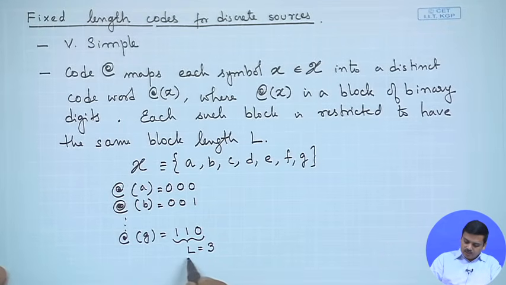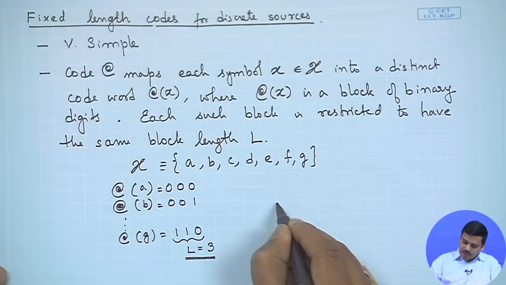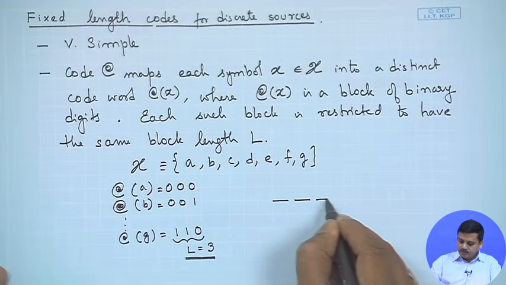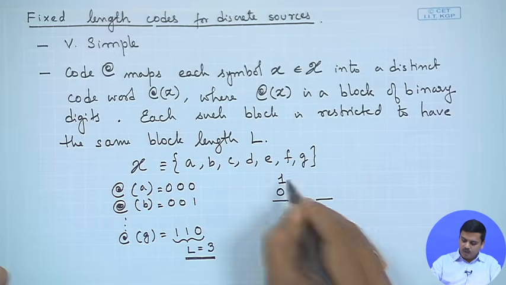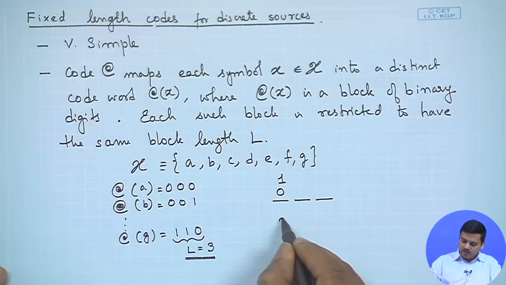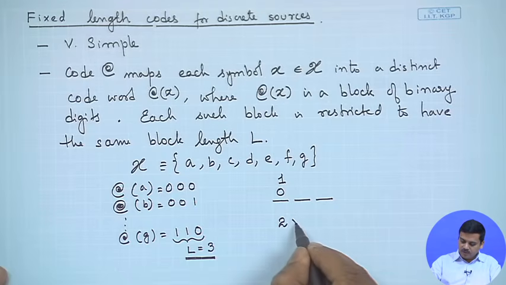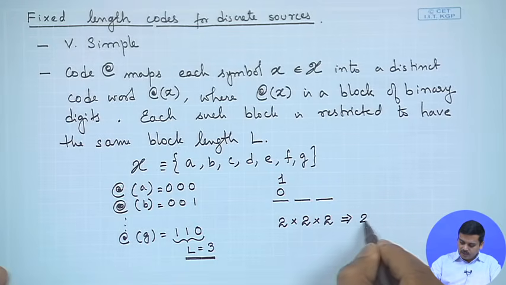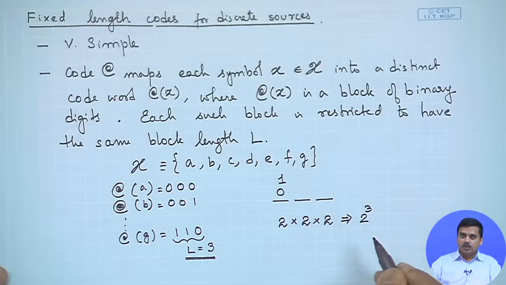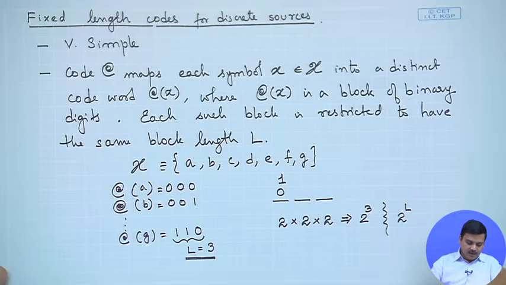Suppose we fix this length, it is almost obvious that I have 3 positions to fill, and each position takes a value of 0 or 1. So there are 2 possible options for the first position, 2 for the second, and 2 for the third, which implies there are 2 to the power of 3 possible options. You can easily connect this to 2 to the power of L.